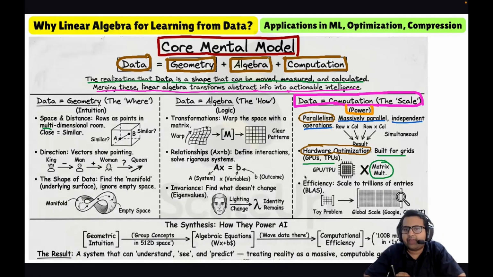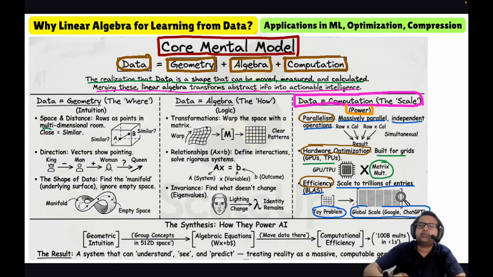And we have efficiency. Modern algorithms like BLAS can handle matrices with trillions of entries. This allows us to scale from toy problems to global scale systems like Google Search or ChatGPT. So the idea is very clear: data is equals to computation.